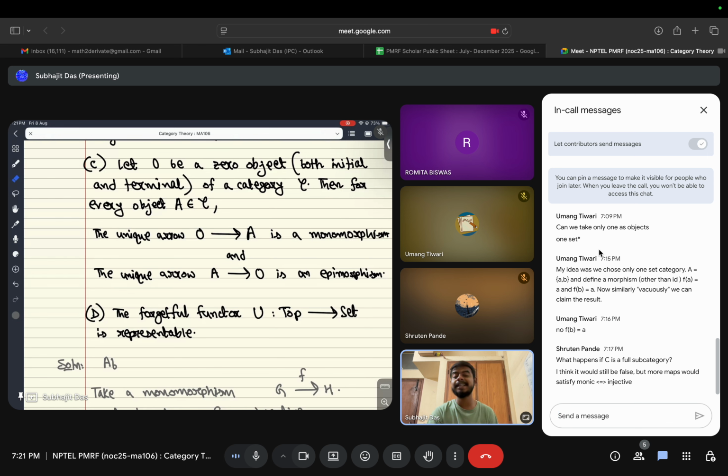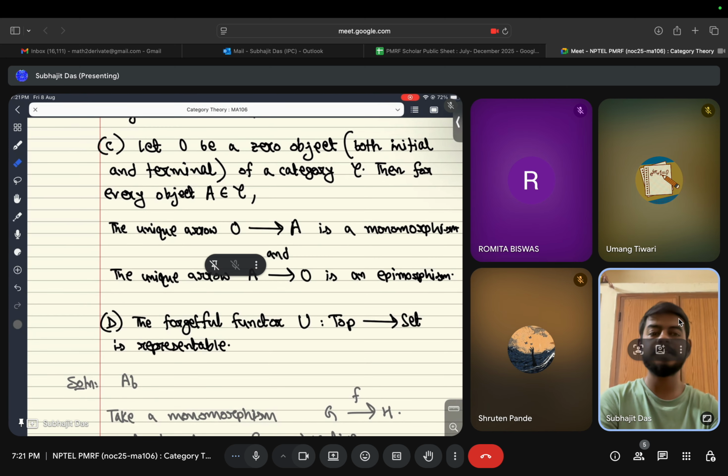And the unique arrow from A to 0, because 0 is terminal, is an epimorphism. So is this true or false?